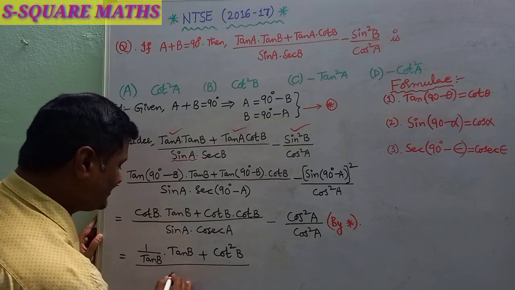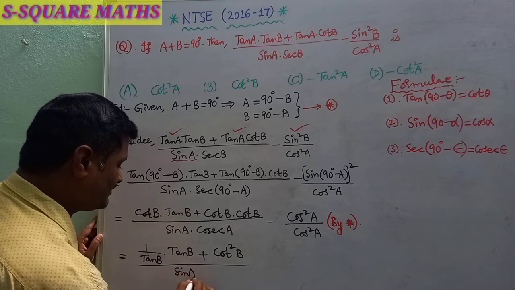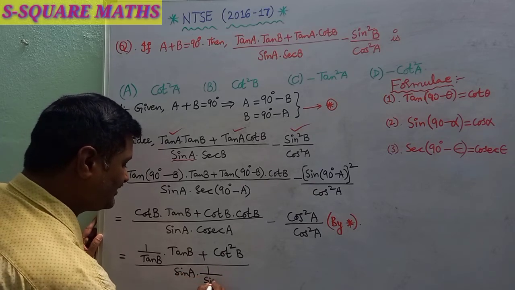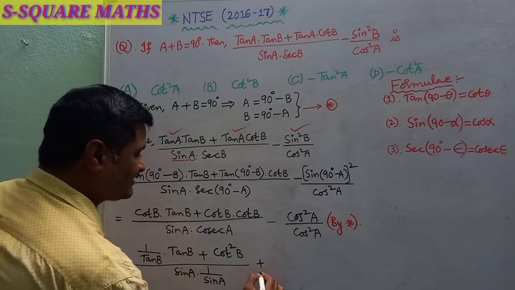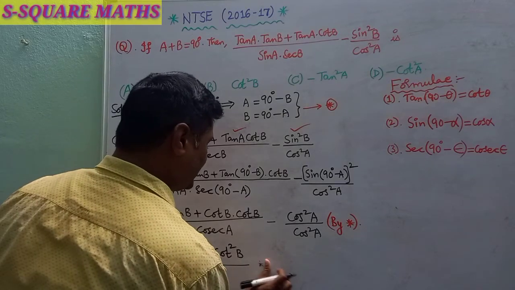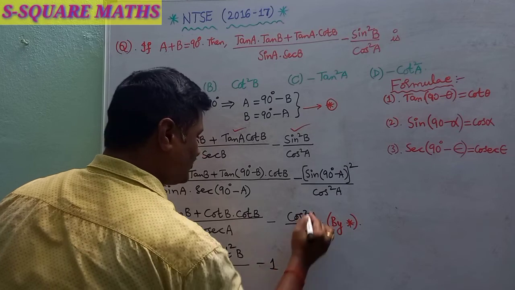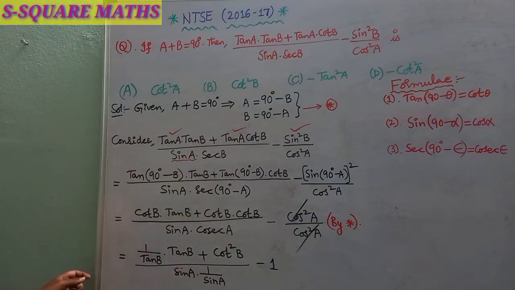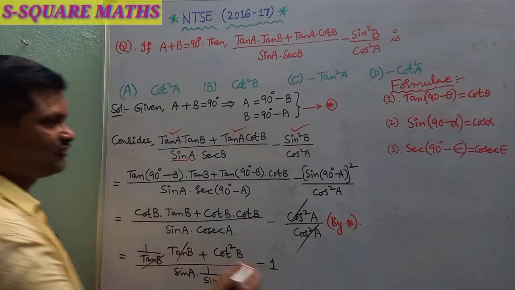Next, sin A into 1 by sin A, plus here, sorry, here it is minus 1, because both get cancelled. Okay, so here also both get cancelled. What is the leftover part here?